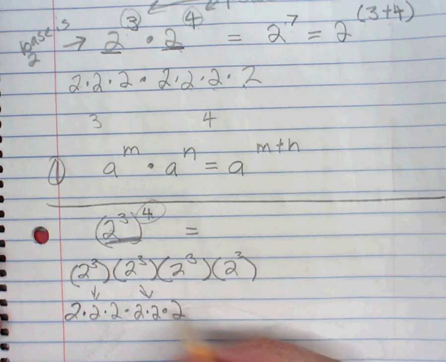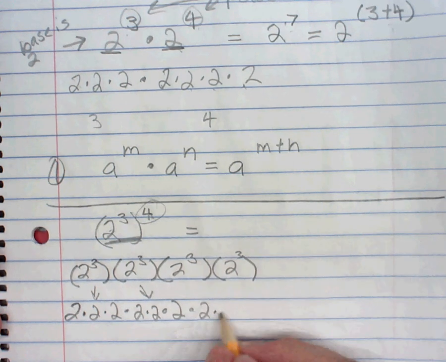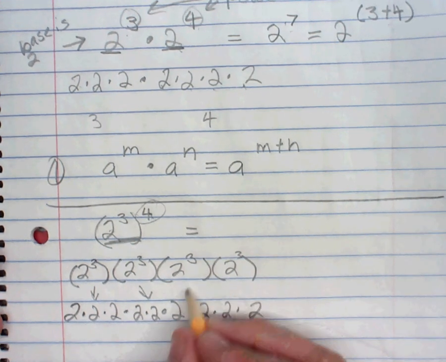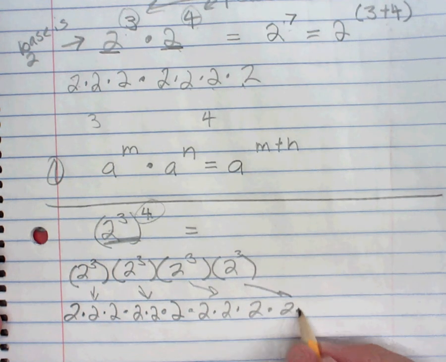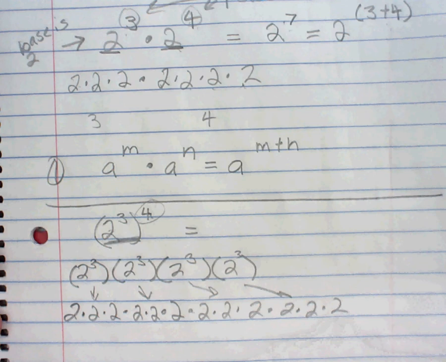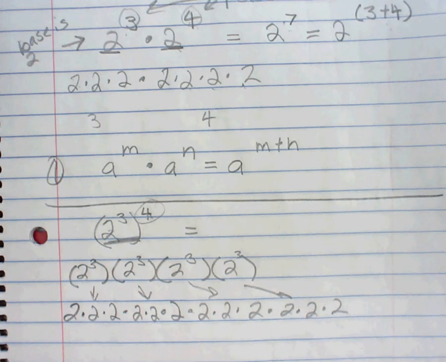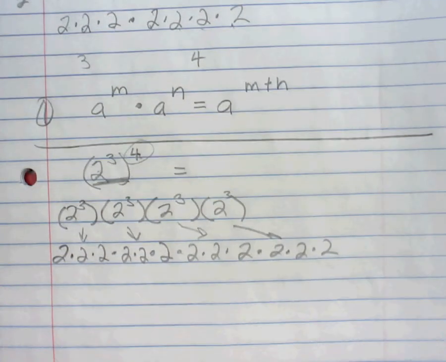That's this one. 2 times 2 times 2. That's this one. And then again, I got to go 2 times 2 times 2. Did I make any mistakes? Does everything I've done seem like legal moves? Does that seem legit?